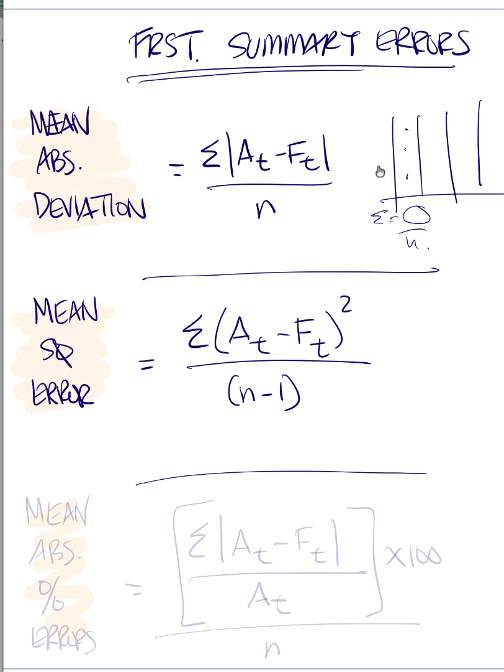And then finally, we also talked about the mean absolute percent error, which is just turning all of this into a percentage. So we can do something like the absolute of the previous one, all over the actual t.